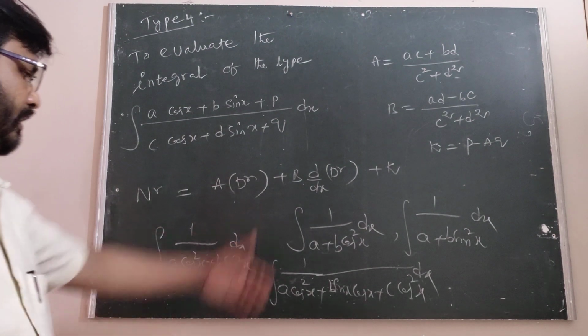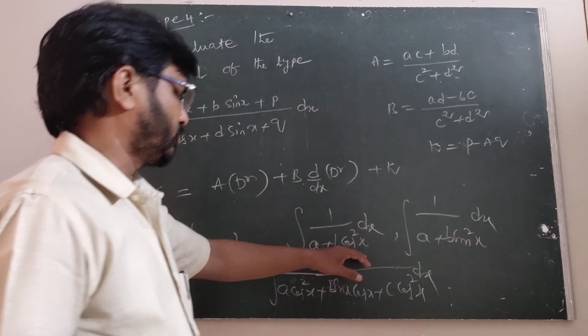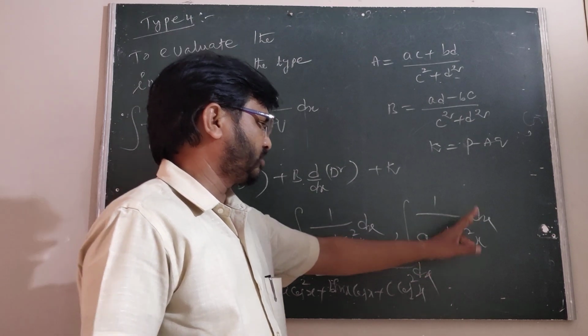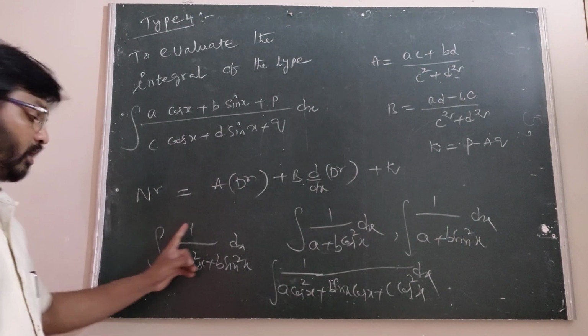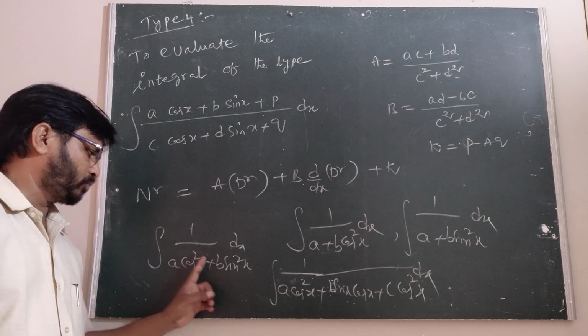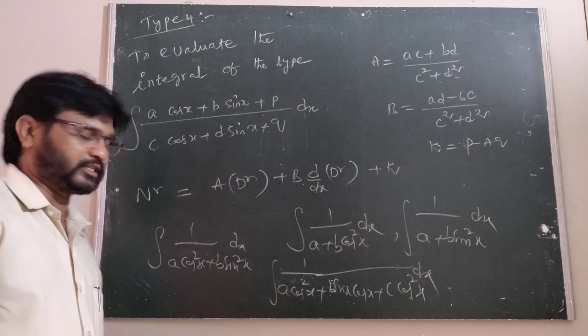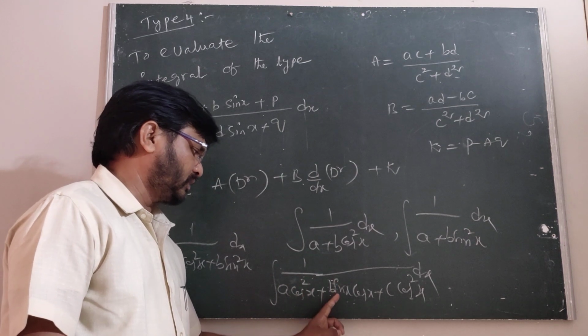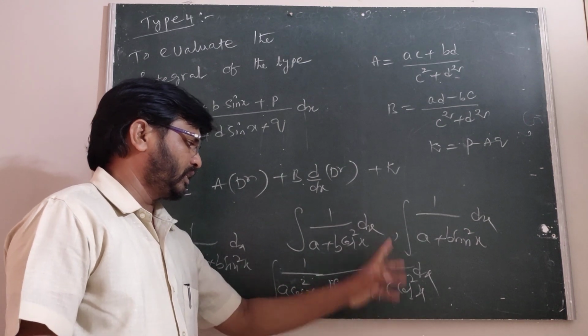Is it okay? The integral 1 upon a plus b cos square x into dx, integral 1 upon a plus b sin square x into dx, integral 1 upon a cos square x plus b sin square x into dx, integral 1 upon a cos square x plus b sin x cos x plus c cos square x into dx.